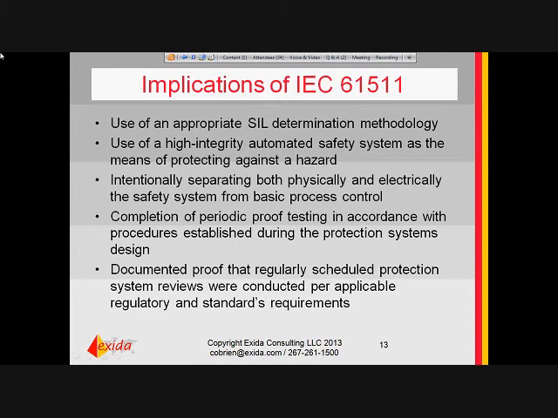The use of high integrity automated safety systems typically will be required as a means to protect against a given hazard. There's the need to intentionally separate, both physically and electrically, the safety system from the basic process control system. You'll need to complete periodic proof testing throughout the life of the system in accordance with procedures that should be set up during the design phase.